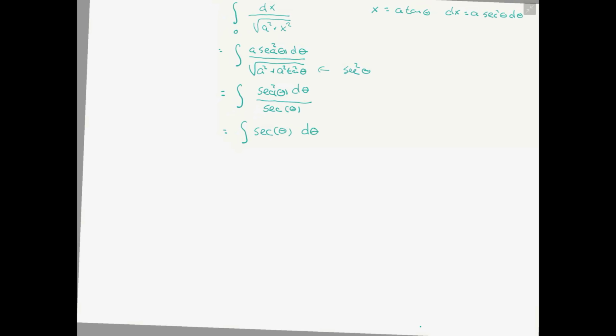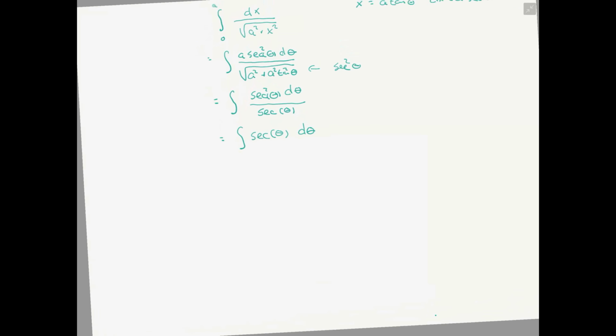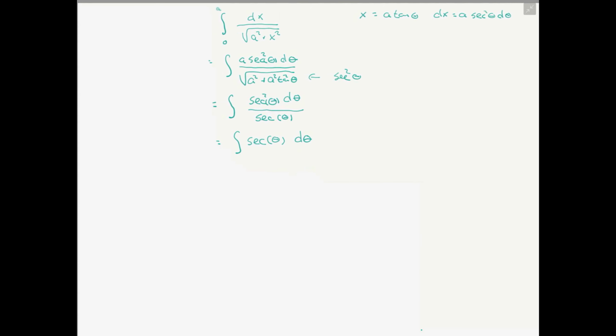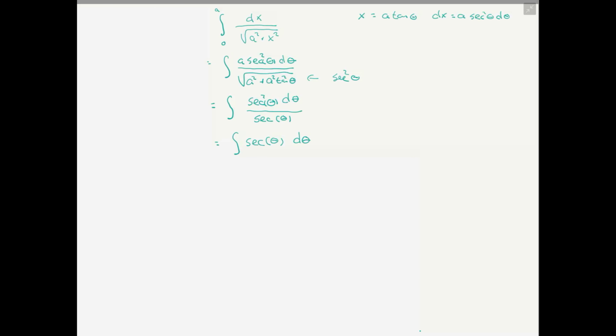Between limit 1 and limit 2, which we're just going to leave alone right now, because when we go back to x, we'll put in the original limits.